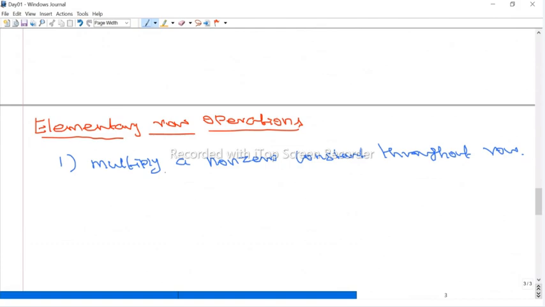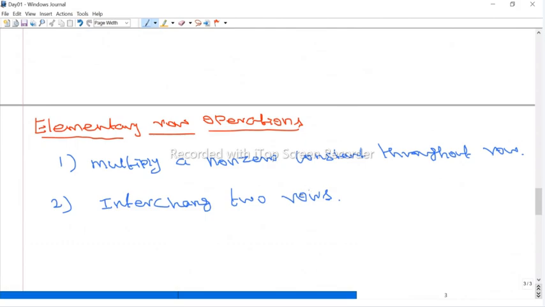The second kind is you can interchange two rows. That is another operation.